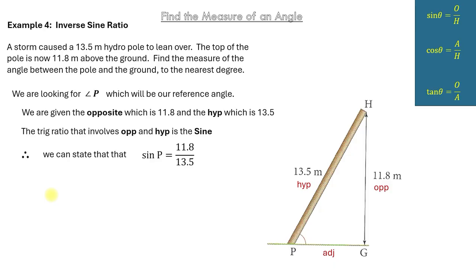If the sine of angle P equals this fraction, then the angle P by itself equals the inverse sine of the fraction. So once we have this stated, we can simply put these numbers into our calculator. We press second mode sine to give us the inverse sine, put in the fraction, and come up with a value of 61 degrees.